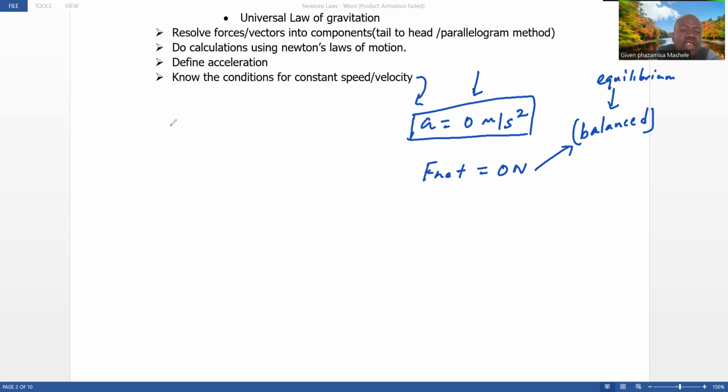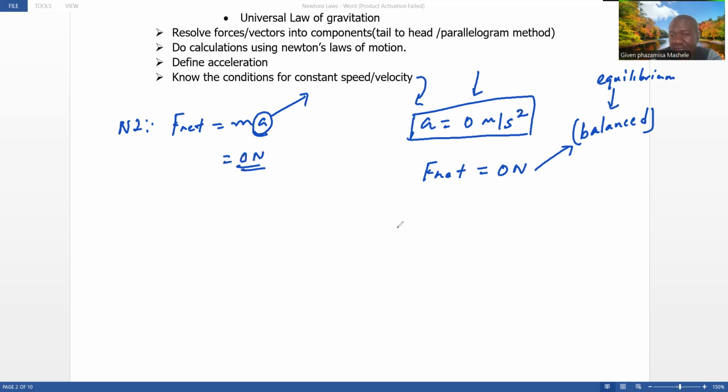Why? Because even if we know the mass of the object, using Newton's second law of motion, as long as we have a constant speed or velocity, acceleration is 0. And anything that we multiply by 0 will still become 0.